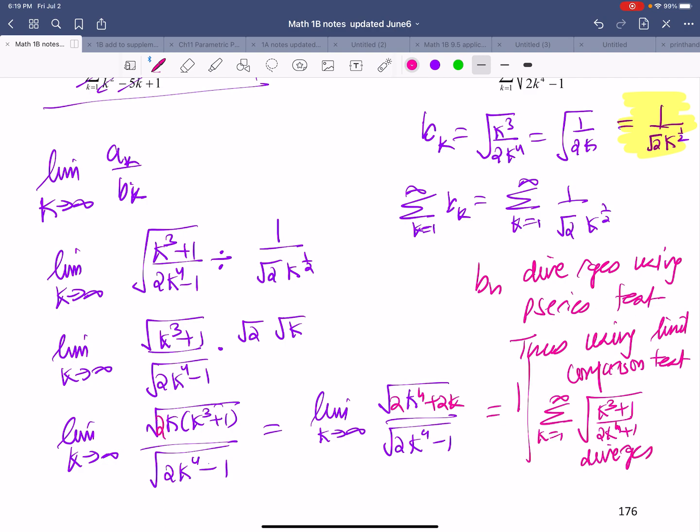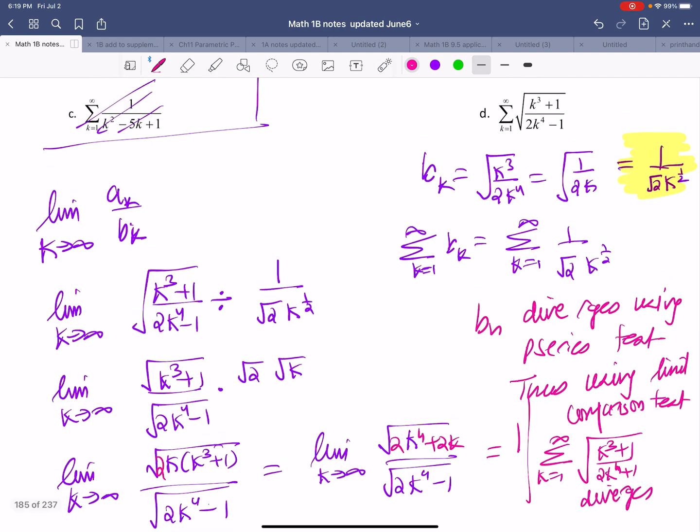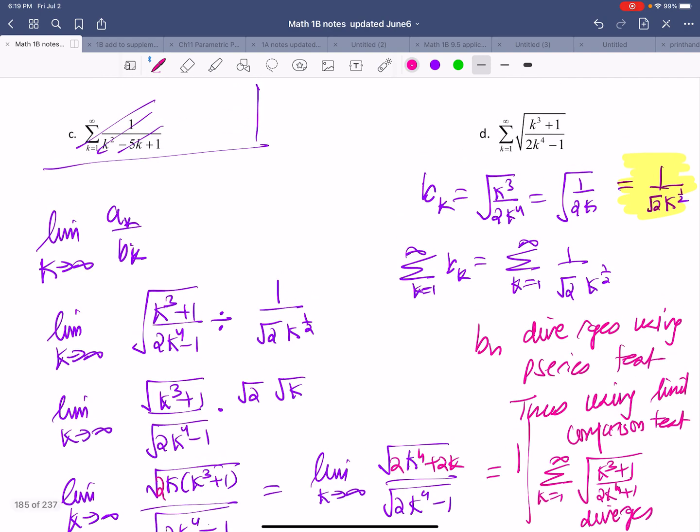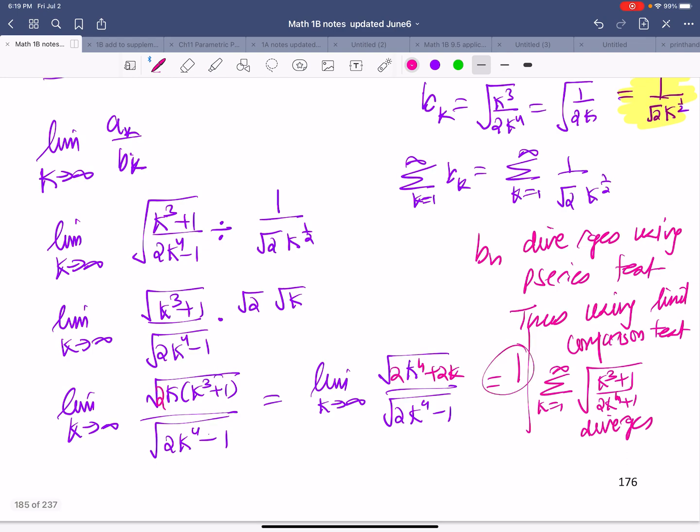This series also diverges because we could use the limit comparison test, and our limit came out to be a non-zero, non-infinite number.